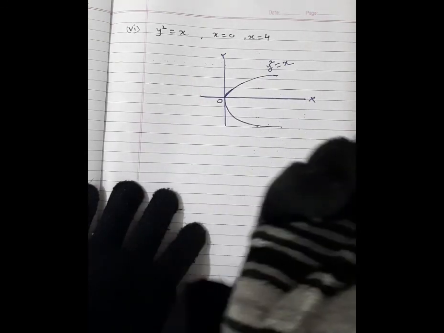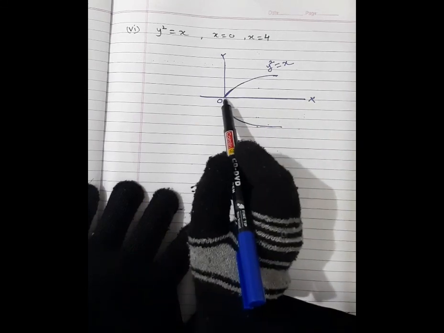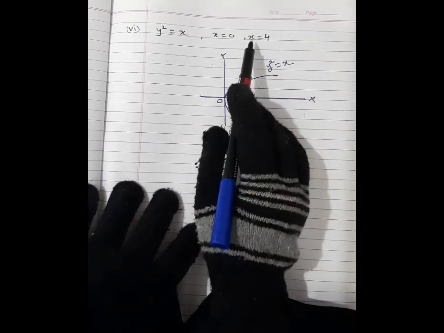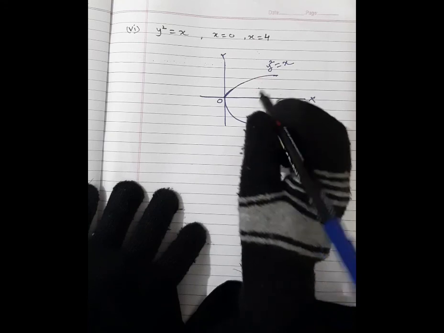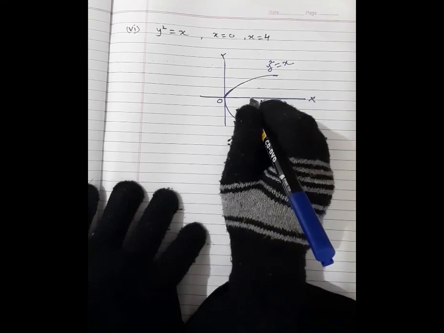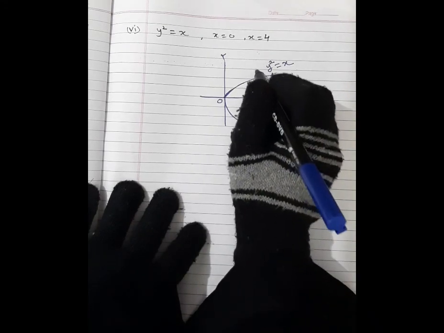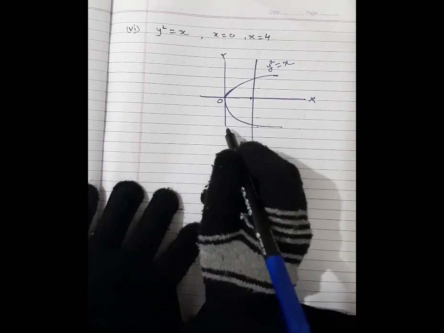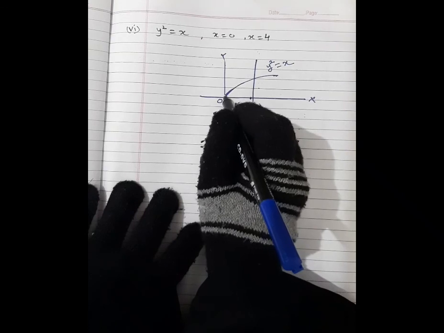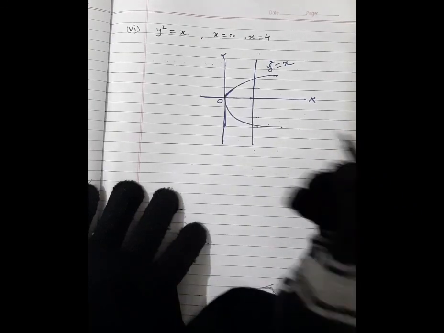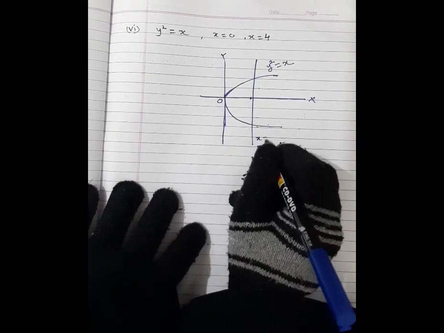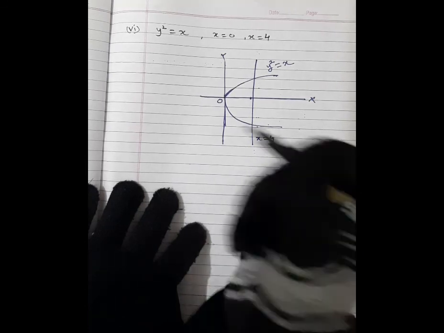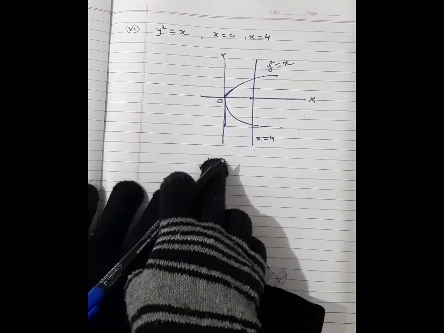a line. This point is x is equal to 0. The next line is x is equal to 4. So here suppose we take one line for x is equal to 4. This is the line of x is equal to 4. This is our y-axis. This is the line for x is equal to 4, and this is the line of x is equal to 0.